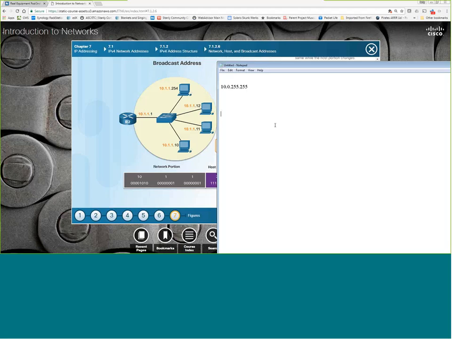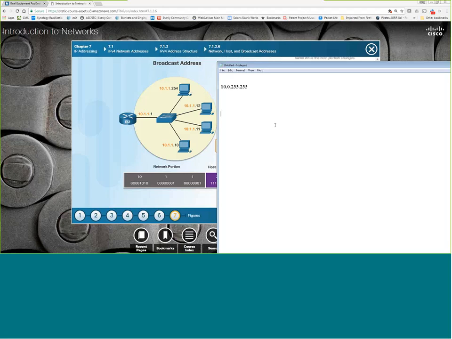Now, if it says in the question, assuming a classful mask or assuming a default mask for the address, since this is a class A, which is 0 to 127, which 0 to 126 is what's usable in the first octet, if you assumed a classful class A address, yes, this would be usable. But the correct answer really is we don't know because we can't really know what the prefix is unless you tell us.